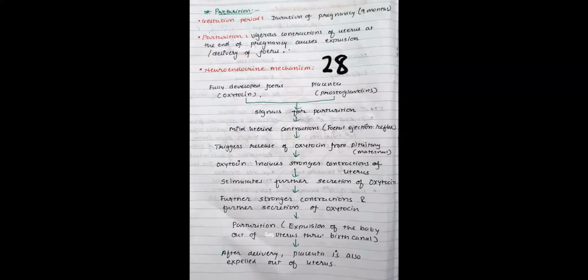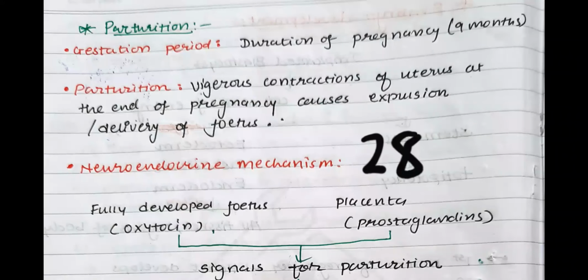Well, as I mentioned, this next topic is the parturition, and as I have already mentioned about it, that our gestational period for humans is 9 months. And as a culmination of gestation or pregnancy, finally, the baby shall be pushed out from the uterus through the birth canal.